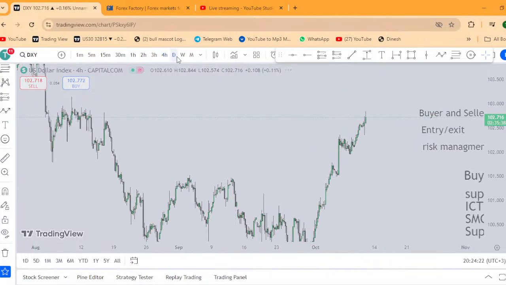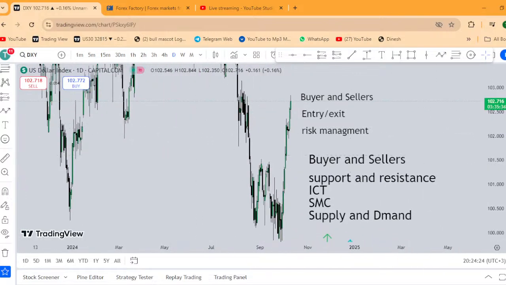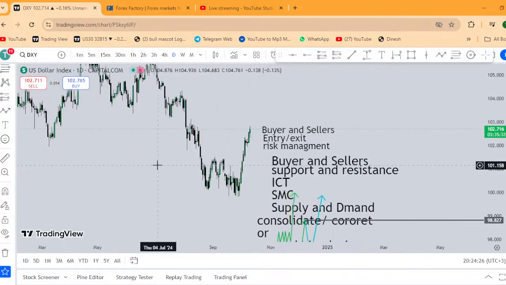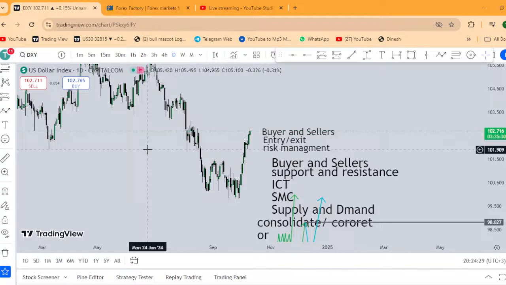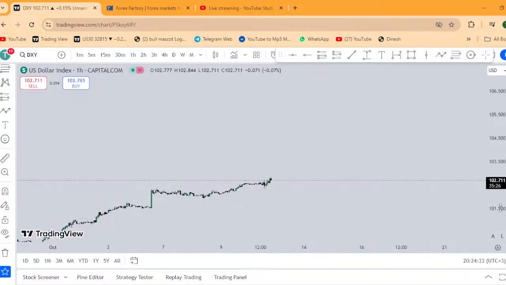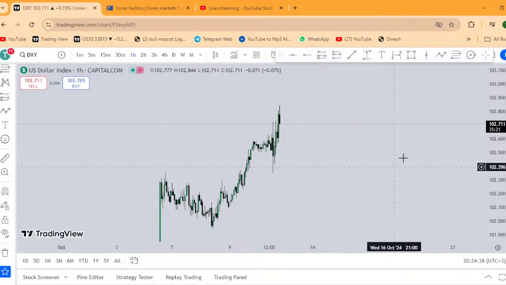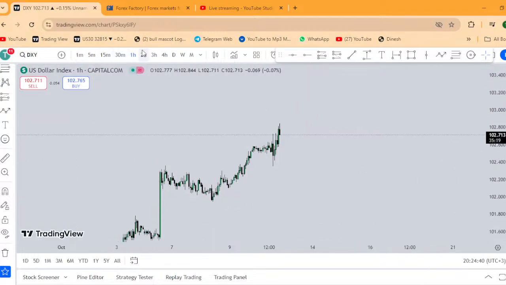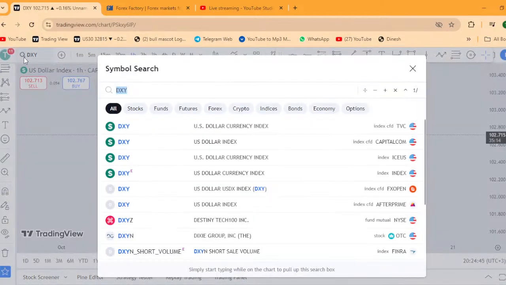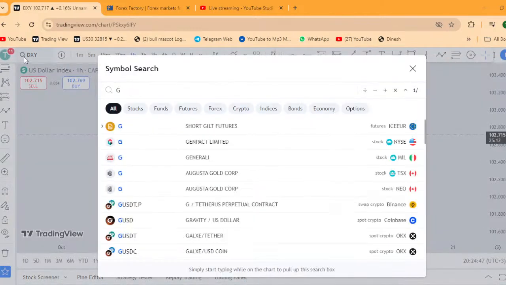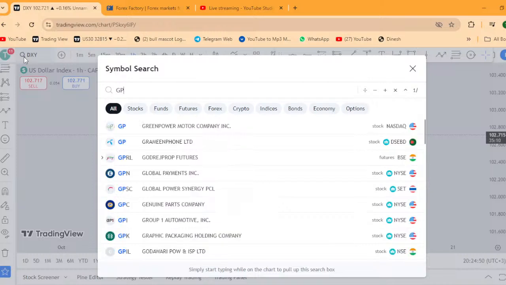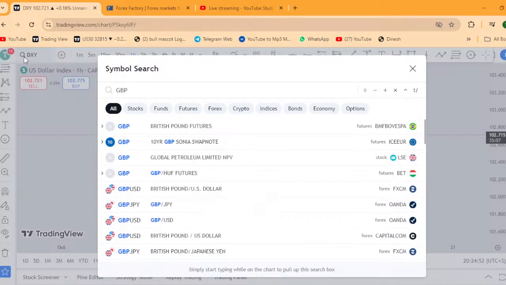So this is how we are going to start our analysis. Let's use the 1 hour. Let me use a different pair, GBP JPY.